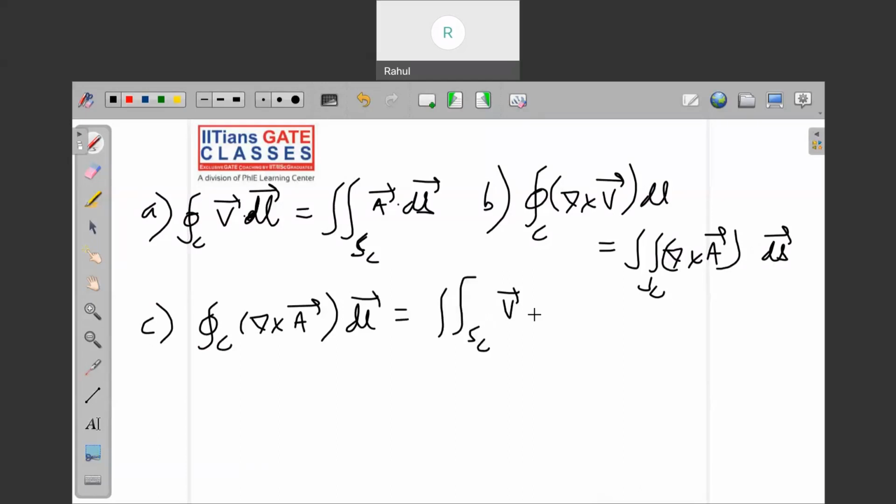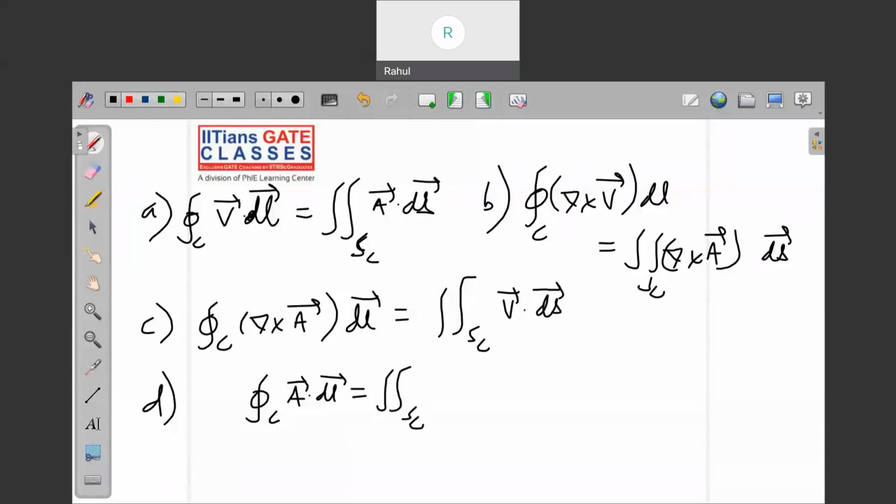Okay, so this is given in the question, and option D is given as A dot dl is equal to the surface integral of curl V dot ds.